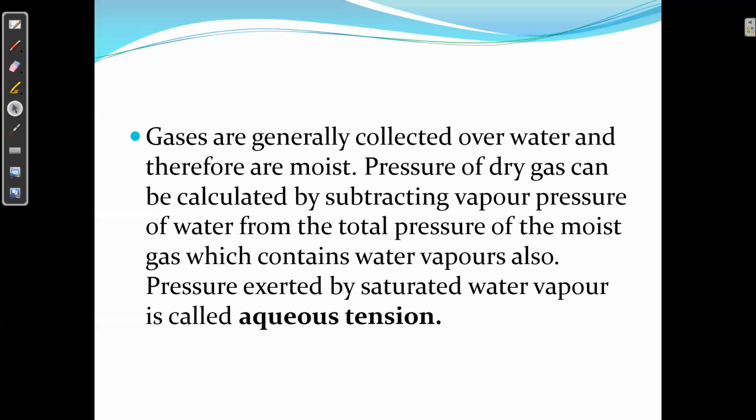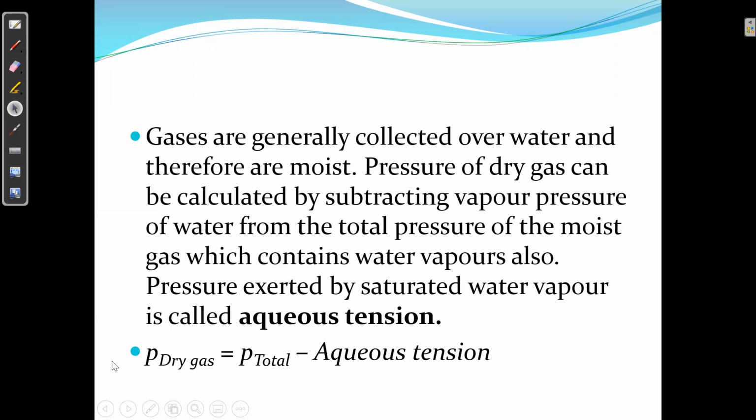I will write it and show you once again. So the pressure of the dry gas is equal to the total pressure exerted minus aqueous tension. Aqueous tension means the vapor pressure of water.